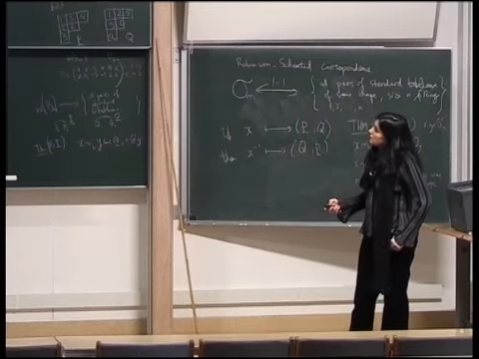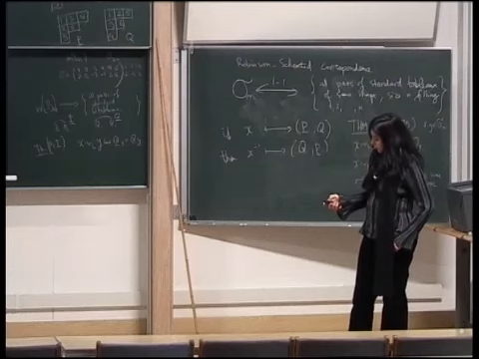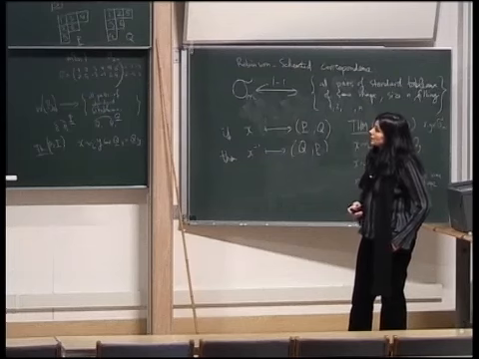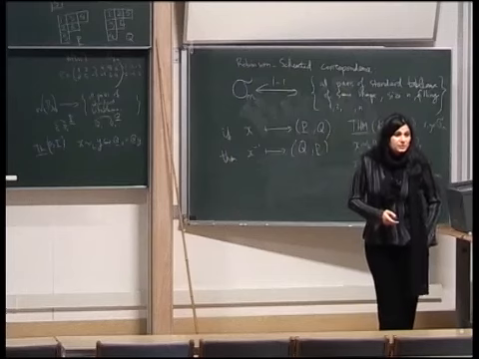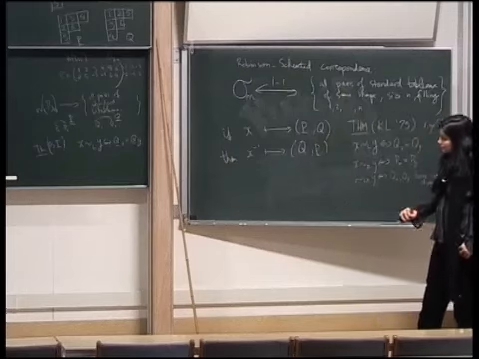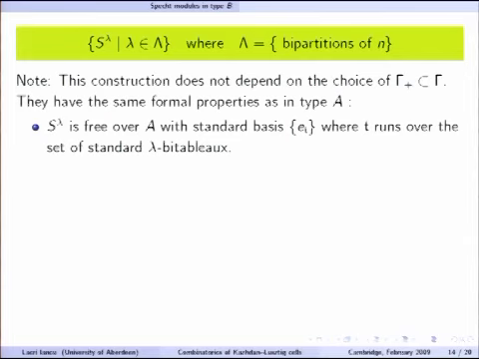So they constructed the Specht modules labeled by bipartitions of n. They have the same formal properties as in type A, namely they are free over A with standard basis indexed by standard lambda-tableaus.